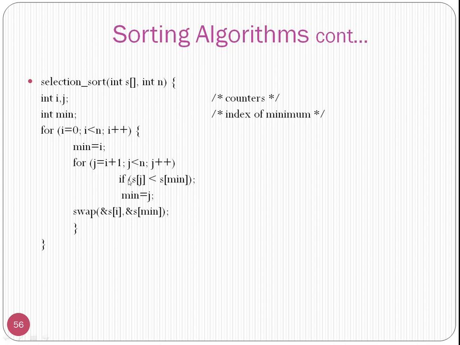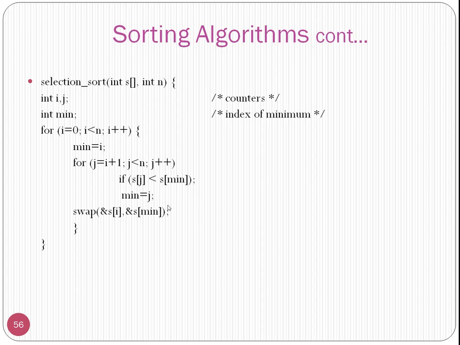Now if the condition in the if statement is satisfied, then min will hold the j value, which is the smallest value we are getting from the if statement. And afterwards we'll do the swapping of ampersand s of i comma ampersand s of min.